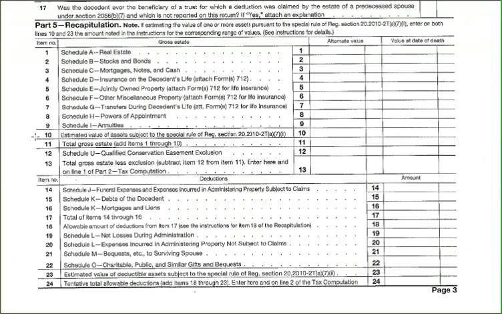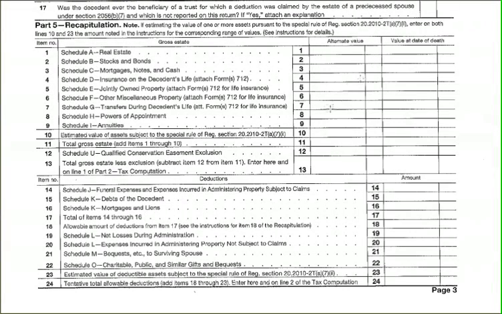These schedules A through I, which contain the real estate, property, stocks, etc., are attached behind these first 4 pages of the Form 706, and they include all of the assets that are required to be included in the gross estate.